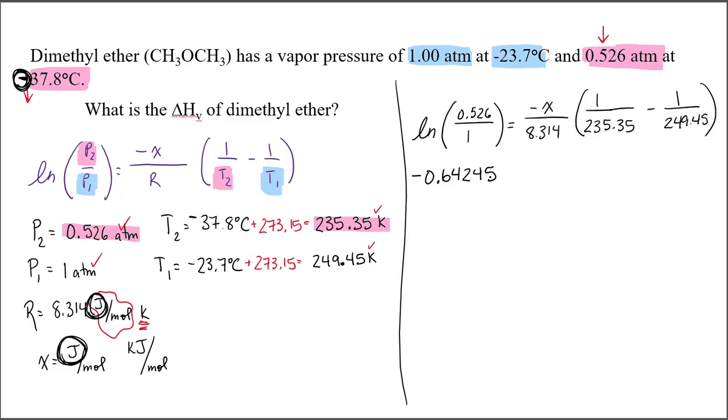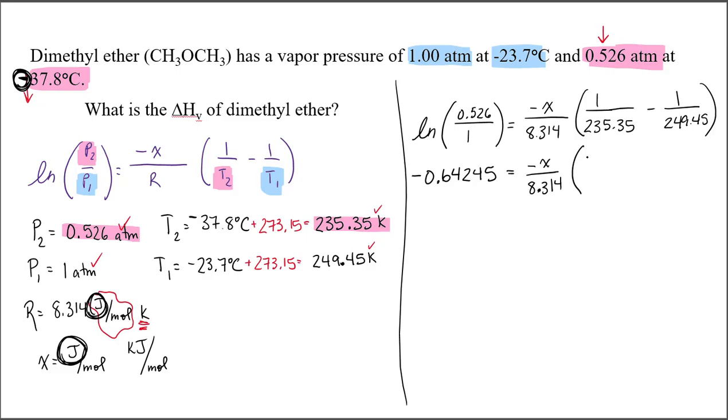In particular, when we get really small values, which is what you get when you have 1 over 235 minus 1 over 249, you get really, really small numbers. And so you need to make sure that you keep your digits so that the rounding errors don't compromise you too much. That equals negative x over 8.314. I'll deal with that in my next step.